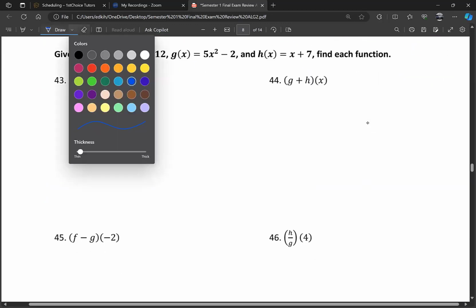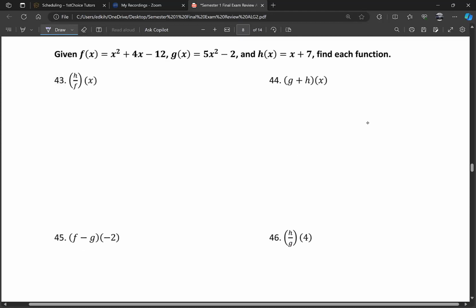Okay, this is the same idea, really, folks. We're being asked to now divide h and f. So function h is x plus 7 divided by function f, which is x squared plus 4x minus 12.